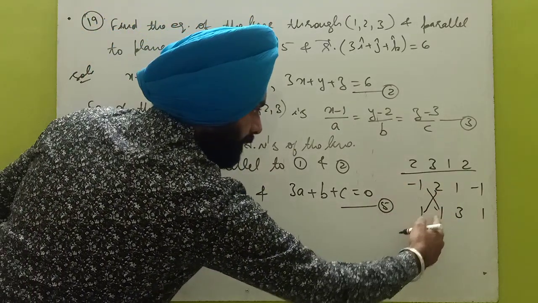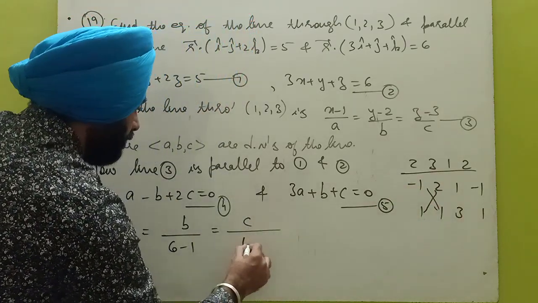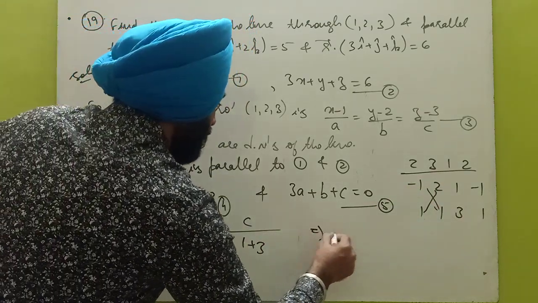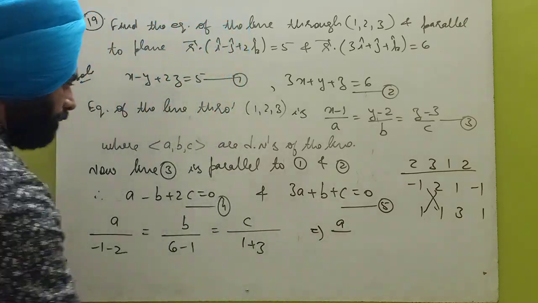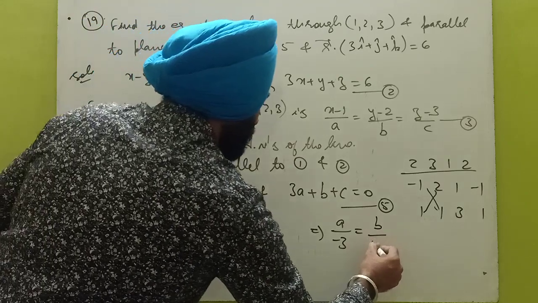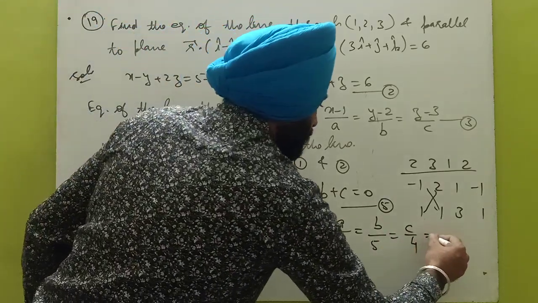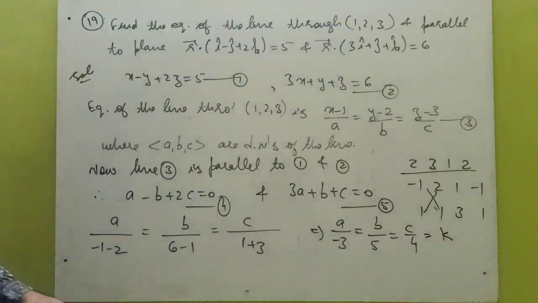Second is 6 minus 1, and the last factor is 1 plus 3. So that is equal to a over minus 3, b over 5 and c over 4. And let us take this as equal to k. So find the values of a, b and c from here.